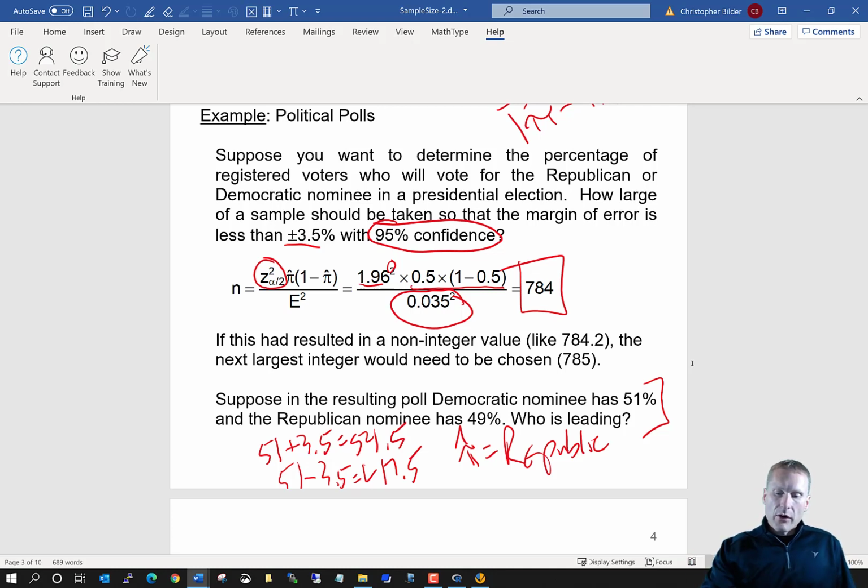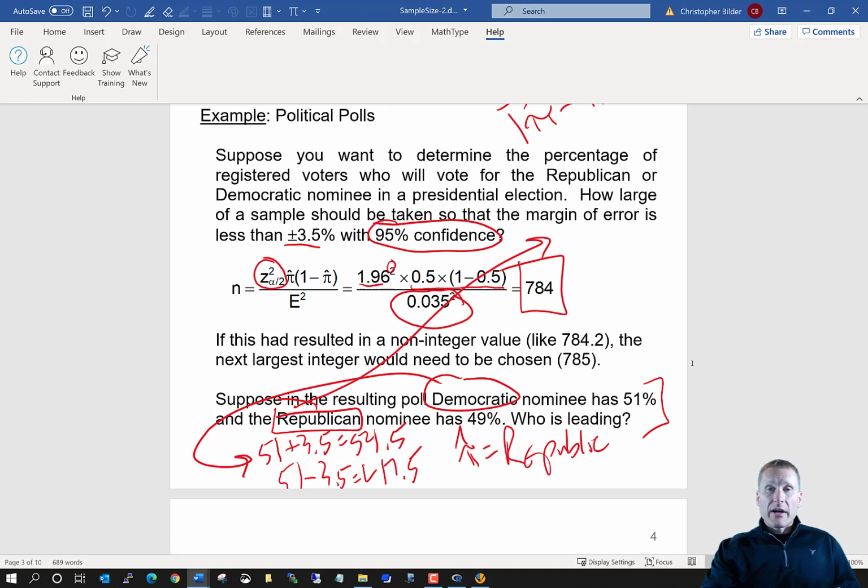Now for the corresponding Republican, let's go up here. When the Democrat's at 54.5%, that means the Republican is at 45.5%. When the Democrat's at 47.5%, that means the Republican is at 52.5%.